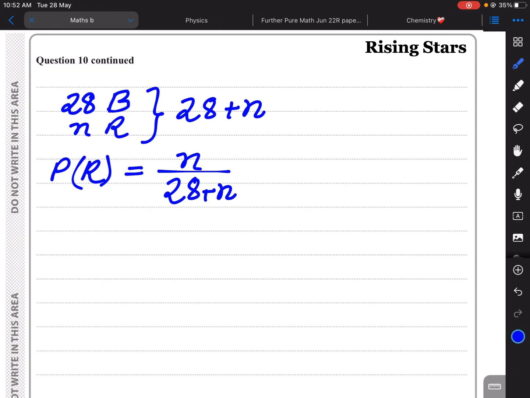Okay, এখন question বলতেছে this value cannot be 6/11.